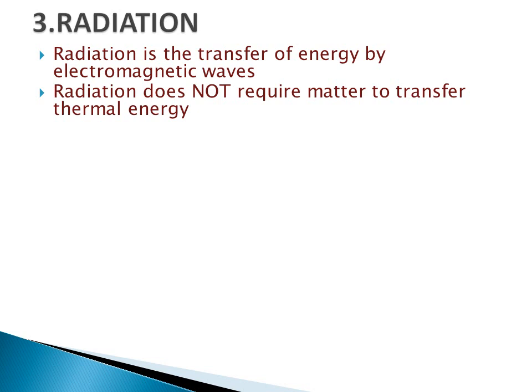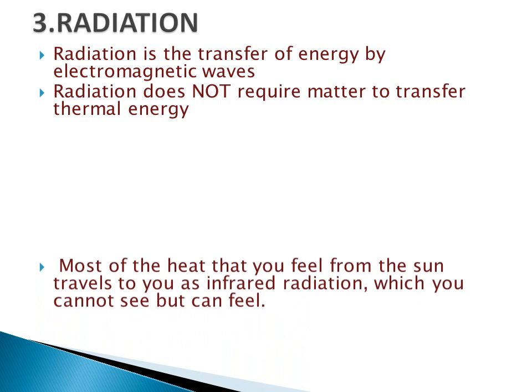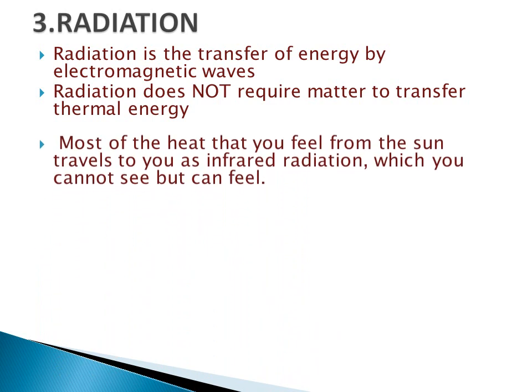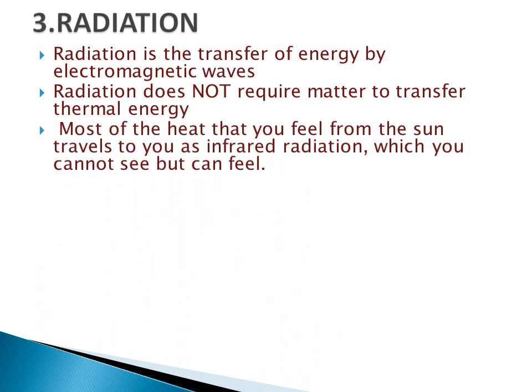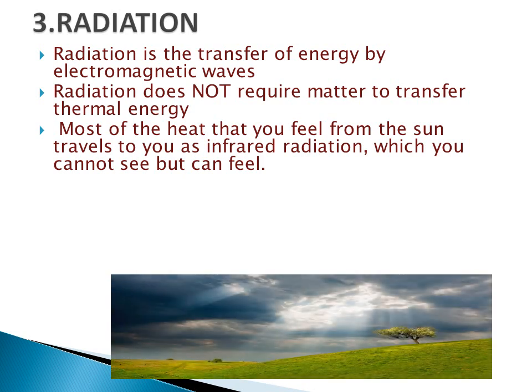But radiation does not require matter to transfer thermal energy. Most of the heat that you feel from the sun travels to you as infrared radiation, which you cannot see but you can feel. So the heat from the sun is transferred by means of radiation, not by conduction or convection.